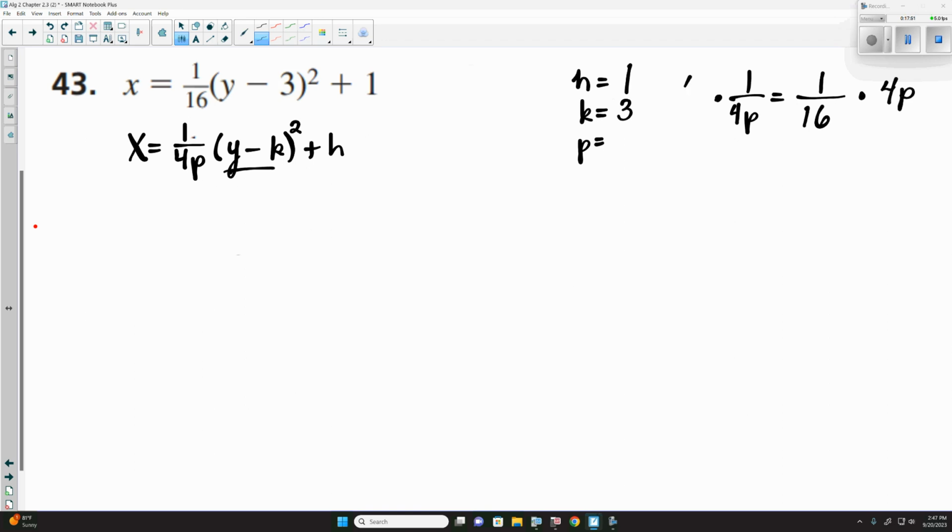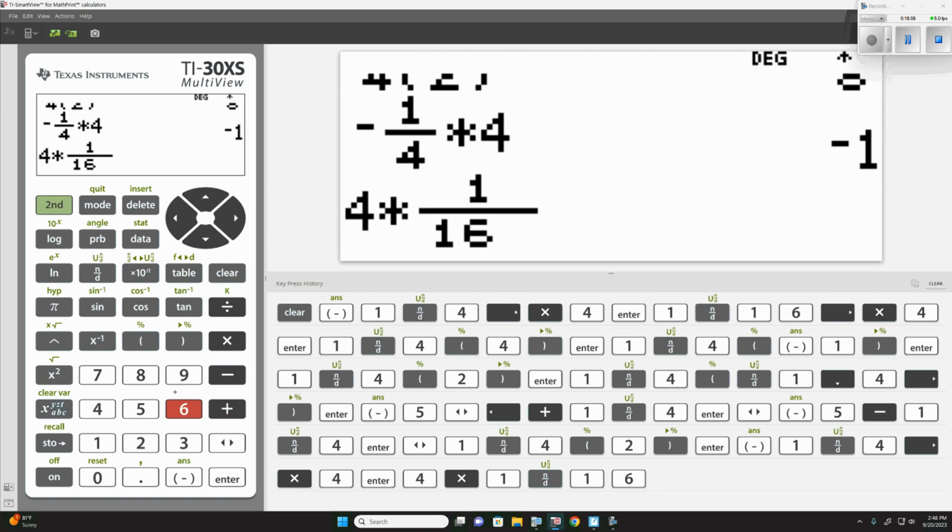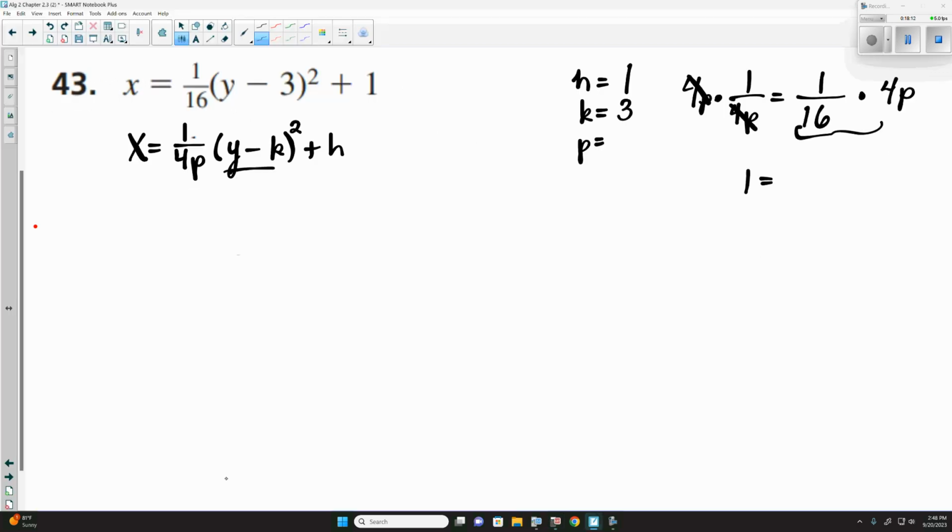We'll multiply both sides by 4p. On the left-hand side, the 4p and 4p will simplify to 1 equals. So we're going to do 4 times 1/16, yes? 4 times 1/16 is 1/4, or we can say that it is p over 4.